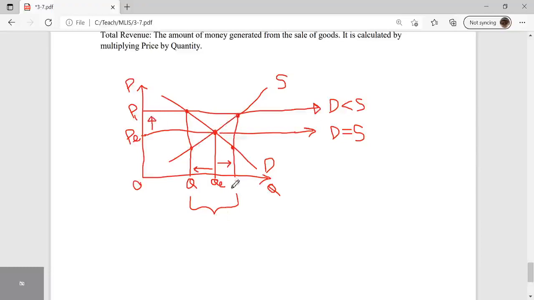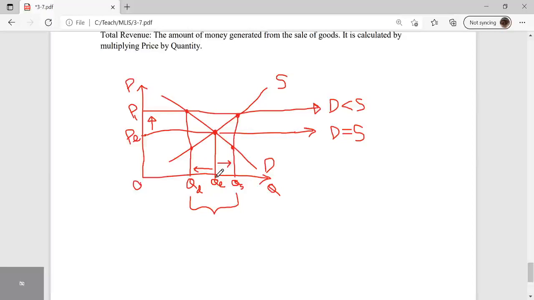The quantity supplied is increasing to here, QS, and the quantity demanded will fall to this. Why? Because this higher price will discourage the customers and they will buy less, and at the same time this higher price will encourage suppliers, because this rise in price will lead to more profit, so suppliers will be willing to sell more.